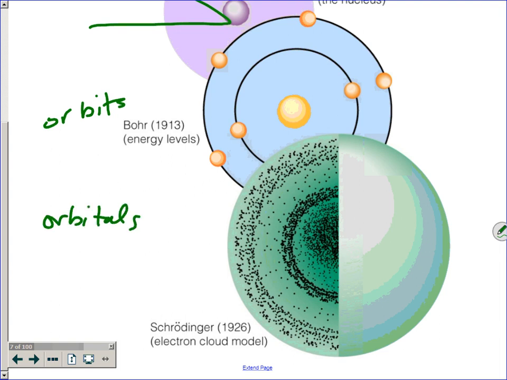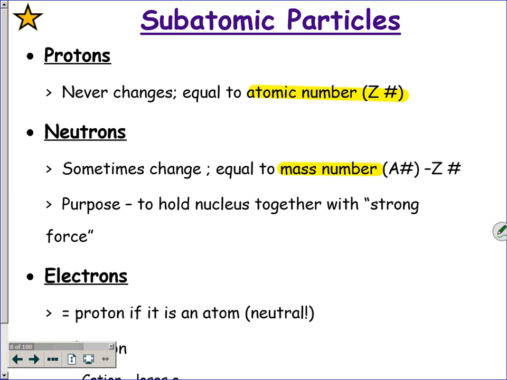Big change, right? They couldn't choose another word, but they went from orbits to orbitals, and this electron cloud model, which is now termed the quantum mechanical model, is our most current version of what we think the atom looks like. History. Okay.